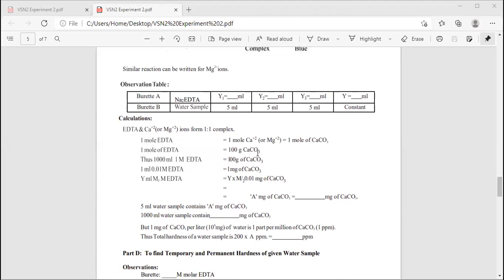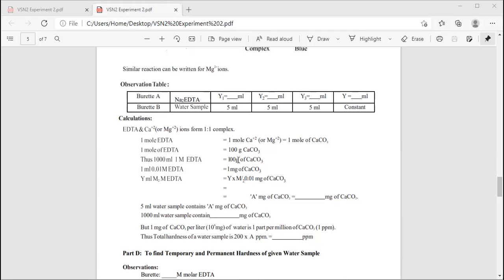This 100, we will multiply by 10 raised to 3. So 10 raised to 2 into 10 raised to 3 is 10 raised to 5. So 1 liter means 1000 ml. Now here we have taken 1 ml, so we have divided here by 1000. So 10 raised to 5 also we will divide by 1000.